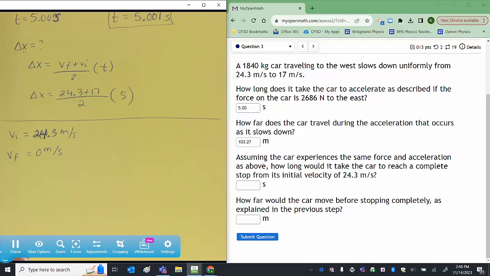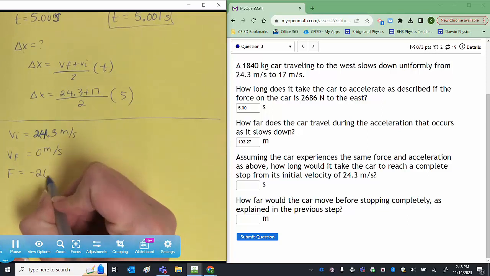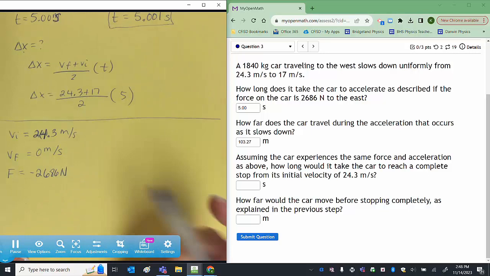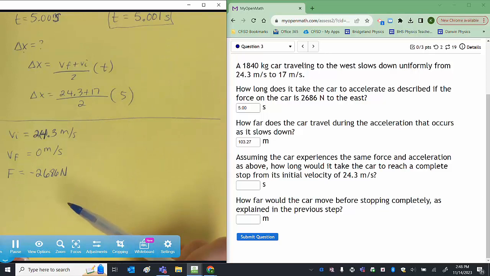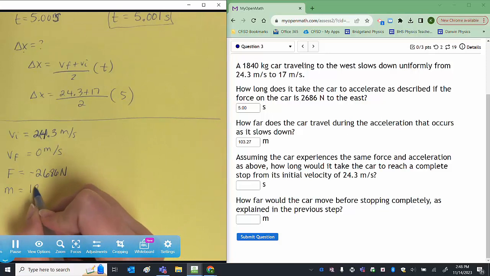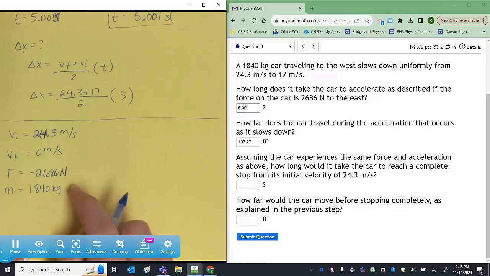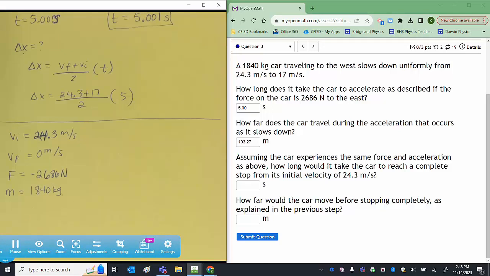And so that force that we used previously, we're still going to use it here, negative 2,686 newtons. We didn't actually find the acceleration up here, so we don't have that value that we can use. But we could find it if we needed to, because we also know the mass is 1,840 kilograms. So you could determine the acceleration using F net equals ma if you wanted to know what the acceleration was. And of course, because these values are the same, you'd have the same acceleration here.